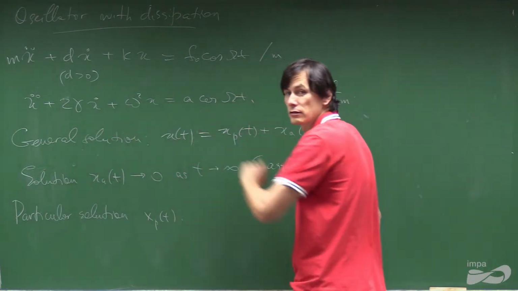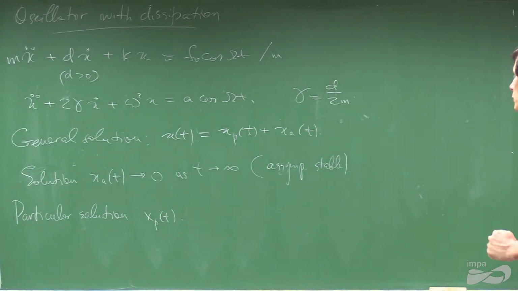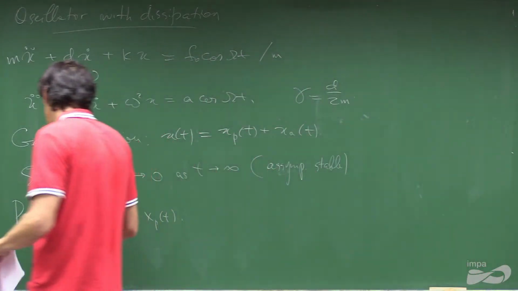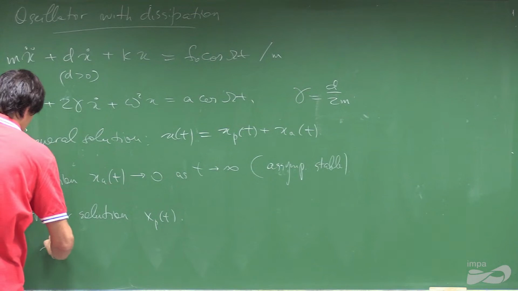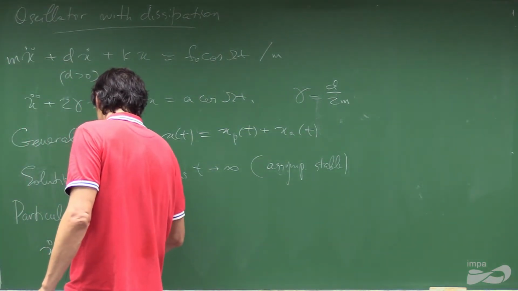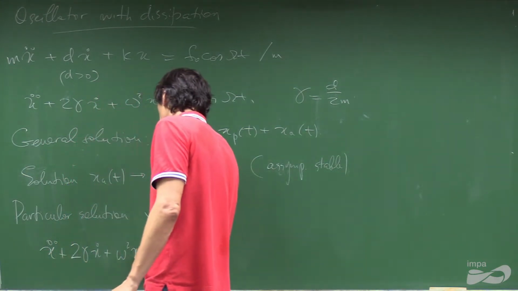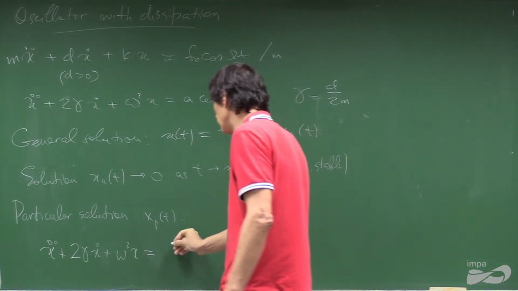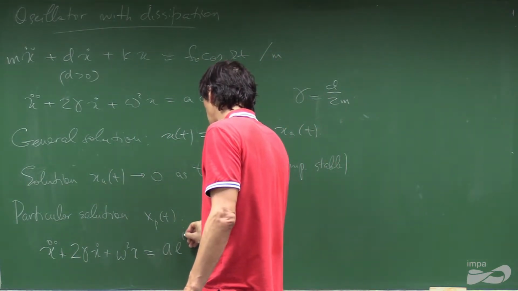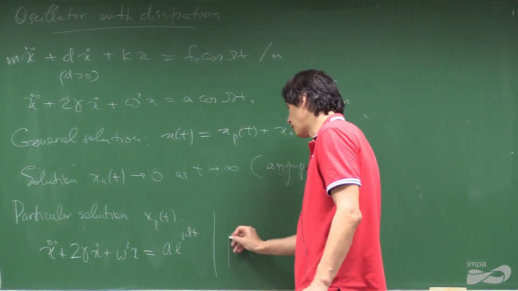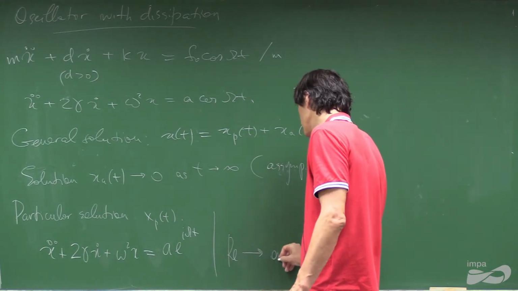So it will not cancel in all the terms, right? So what we do, the way I like, is I complexify the equation. So I consider the complex form, where the left-hand side is just the same, but on the right-hand side, I remember that cosine omega t is the real part of exponent i omega t. So whenever you take the real part of this equation, it gives you our system.